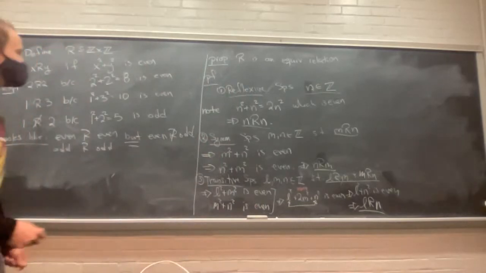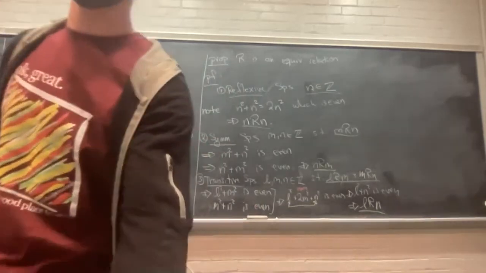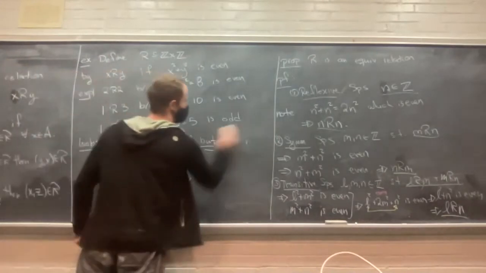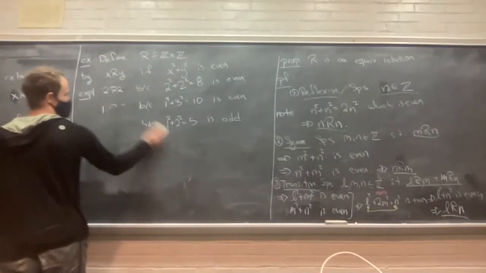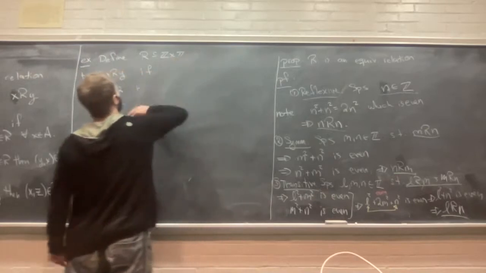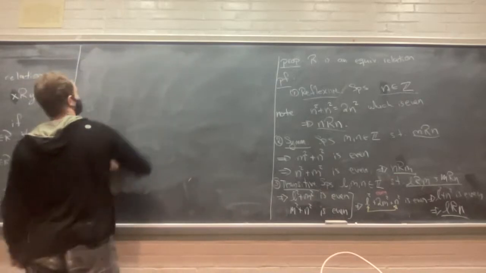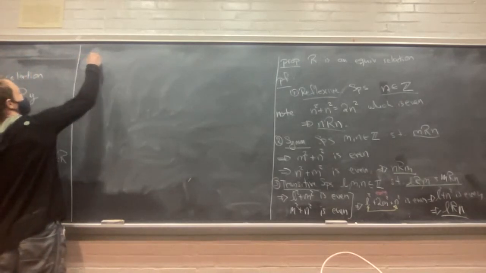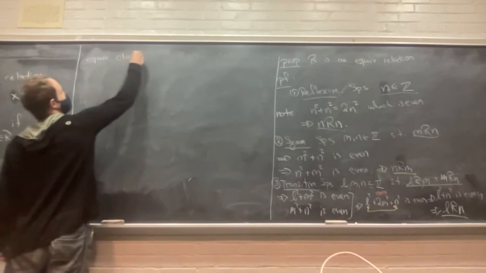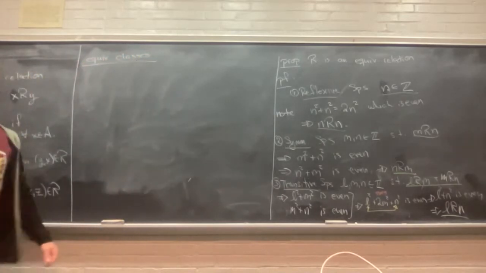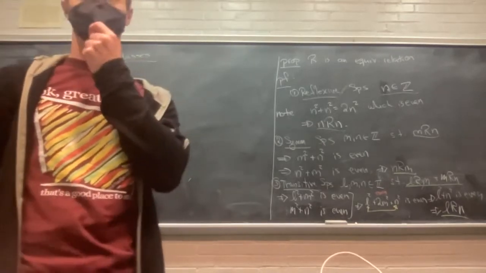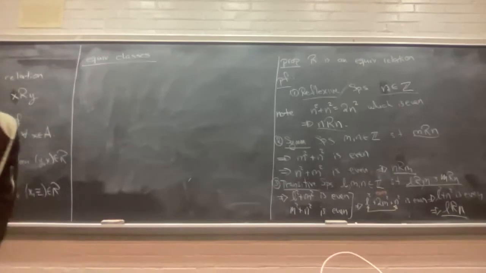Okay, let's do the equivalence classes real quick, and then we'll take them. Okay, so equivalence classes. Like we had pointed out, it looked like all even numbers were equivalent and all odd numbers were equivalent, right?